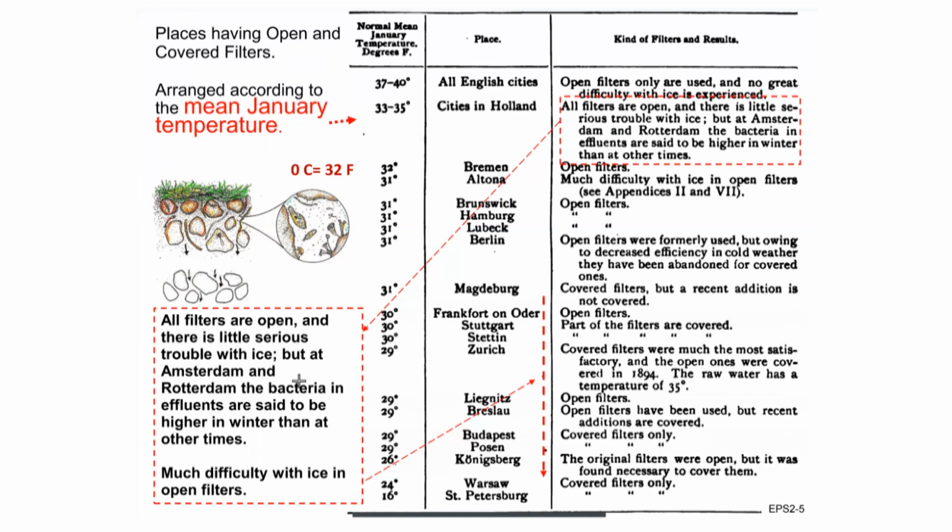But at Amsterdam and Rotterdam, the bacteria in effluent are said to be higher in winter than at other times, much increased with ice in the open filter. So when the mean temperature is below 0 degrees, it is better to cover.